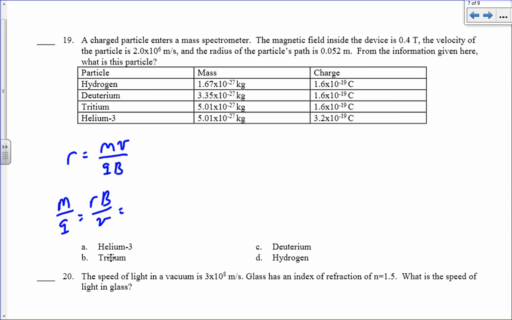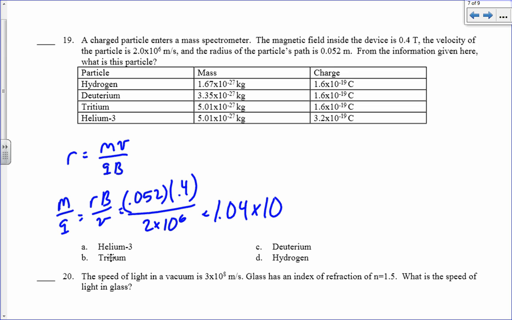If you do that, you find that r is 0.052 meters, magnetic field is 0.4, over v, which is 2 times 10 to the 6. That gives 1.04 times 10 to the minus 8. That's my mass to charge ratio.